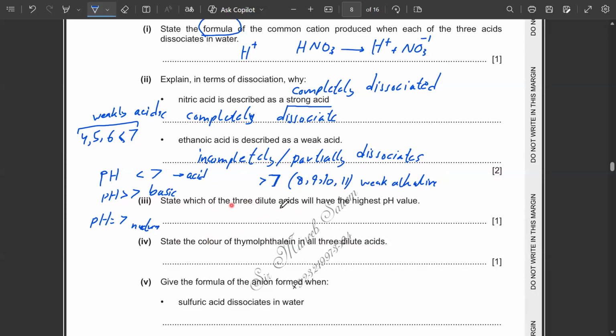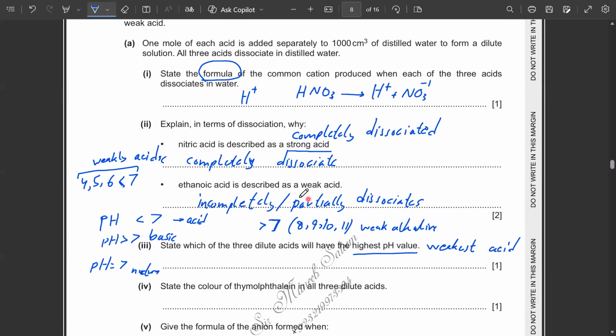So which of the three will have the highest pH value? By that we mean it would be an acid, but the value will be highest. That indicates the weakest acid. The value is less than 7, but the highest among the three acids.